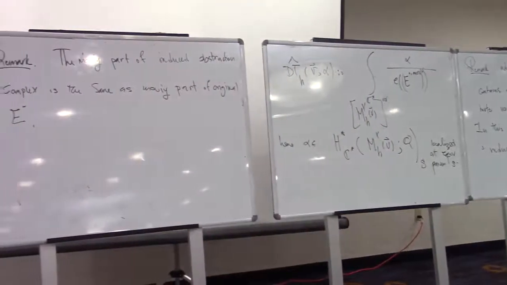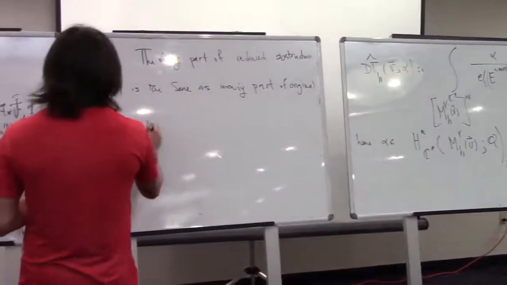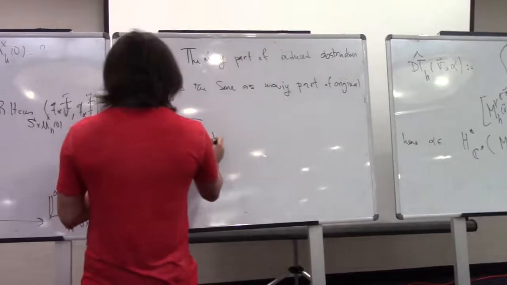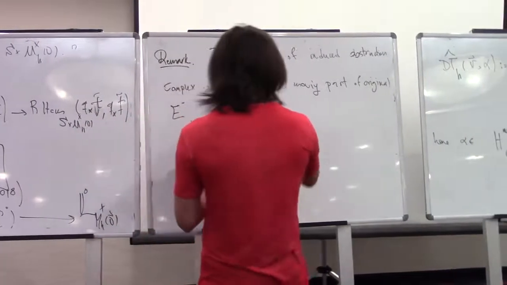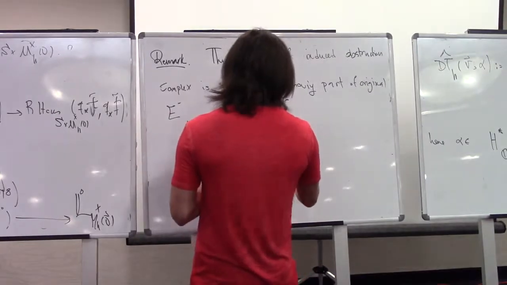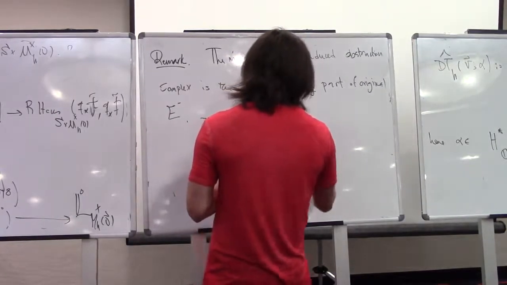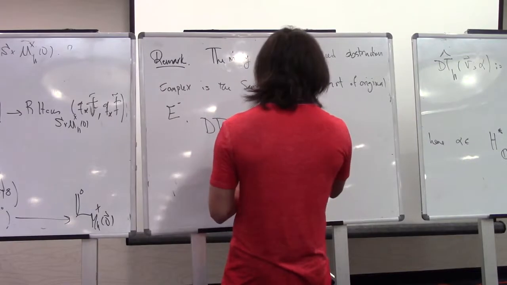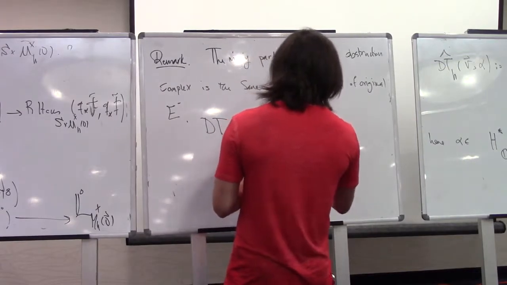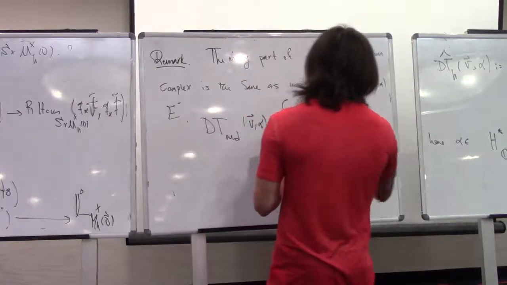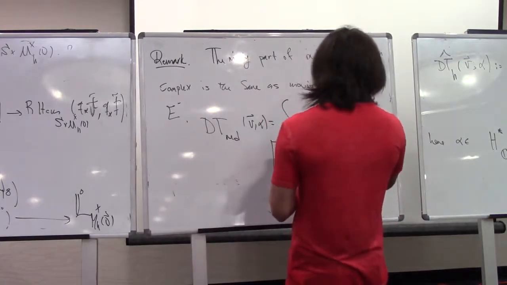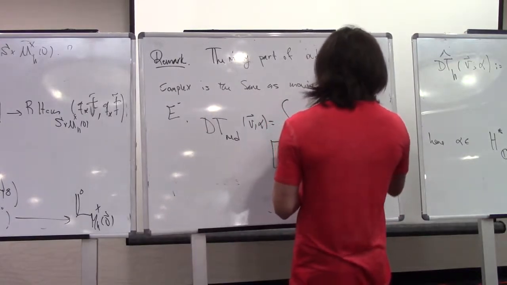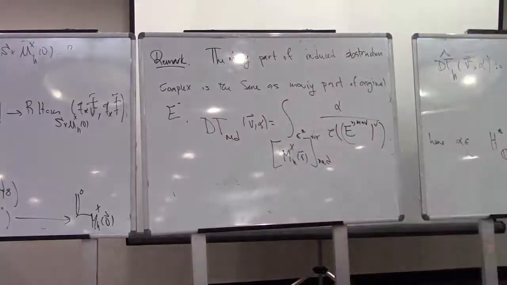So then we can define the DT reduced the following way, the integral over X^{C*} virtual reduced, again alpha divided by the Euler class of the virtual normal bundle. This is the notion of DT reduced.